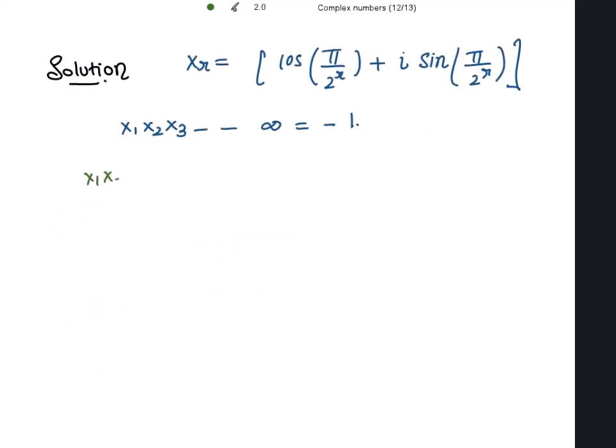So writing the product on the left hand side up to infinity, what is the value for x1? Just put r equal to 1.